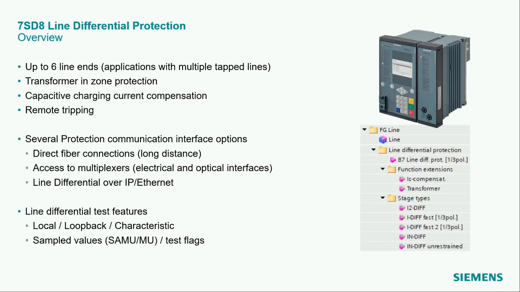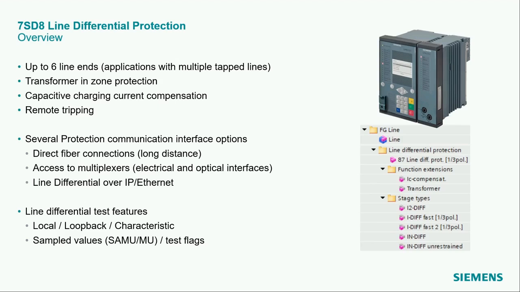If you are interested in this, I recommend you the dedicated tutorial session. The line differential provides also test features where you can test local, the loopback, and also the full characteristic. For the IEC 61850 sampled values coming from a merging unit or a test set, we are able to handle the test flag according to the standard.